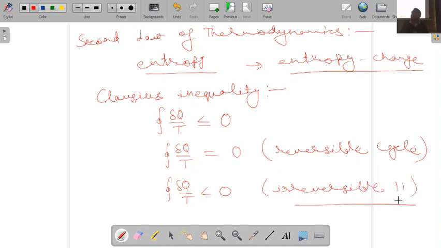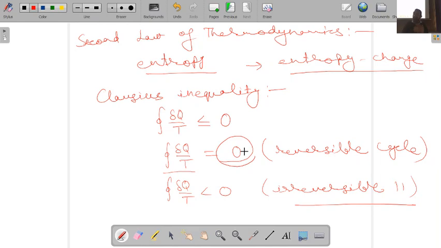So up to this we know actually. Okay, now we know that for a cyclic process, initial and final states of the process are same. So if initial and final states are same, then it means the changes in property for the complete cycle will be equal to 0. So over here this cyclic integral of del q by t is becoming equal to 0. As it is becoming equal to 0, it means it has to be some property of the system. Okay, is this point clear what I am saying?